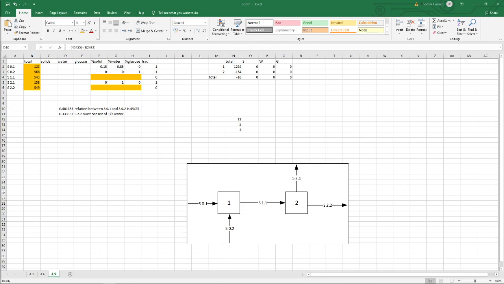I'll just check my cheat sheet if I did it the same way. Yeah, okay, that should work. So I've put in my 2 constraints here.